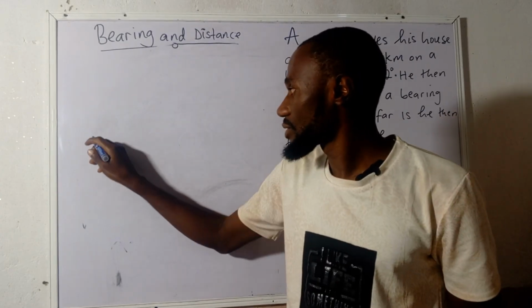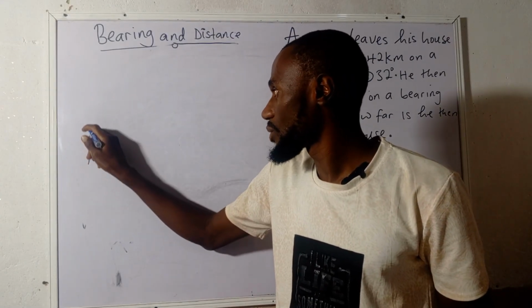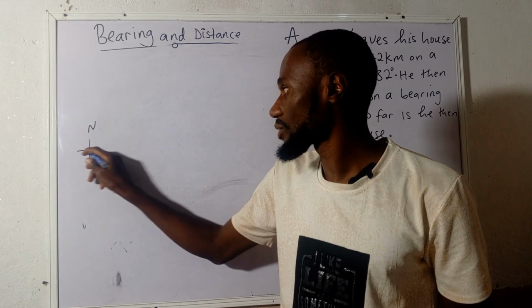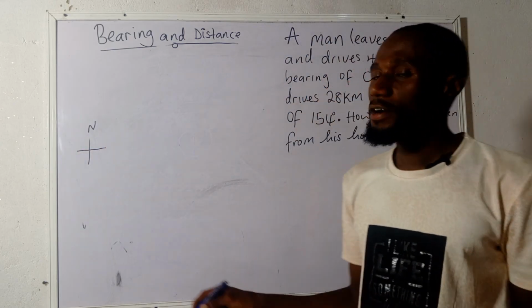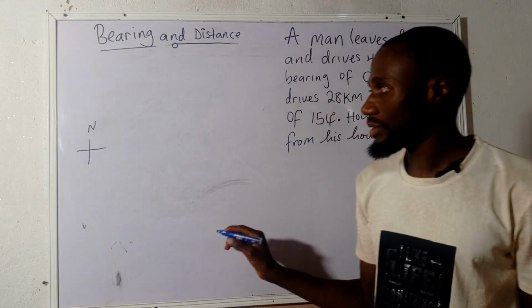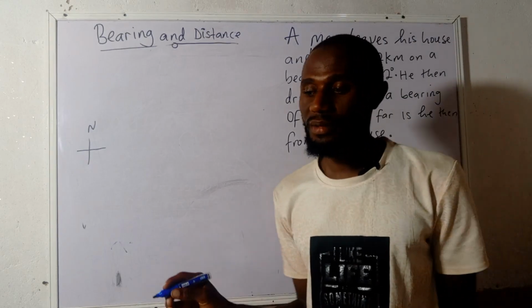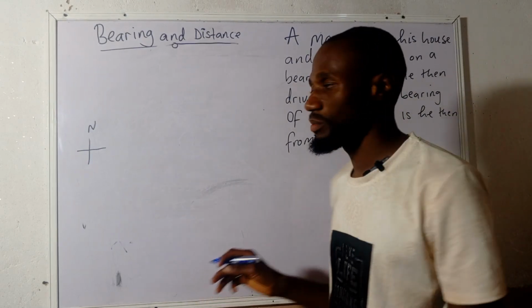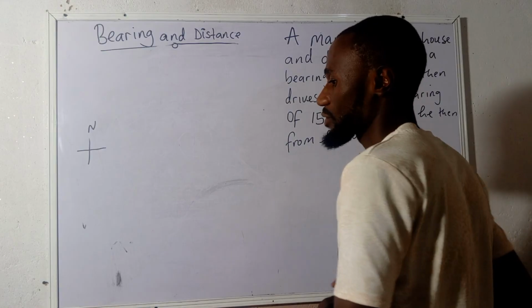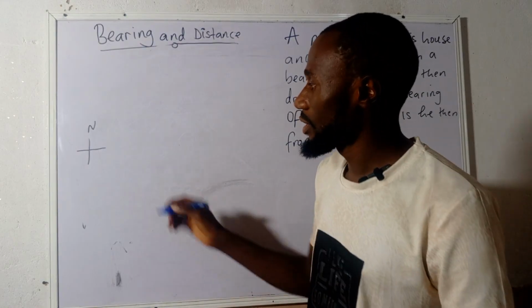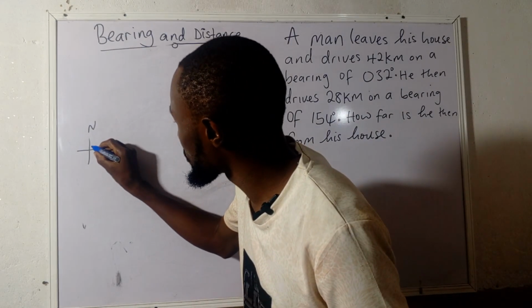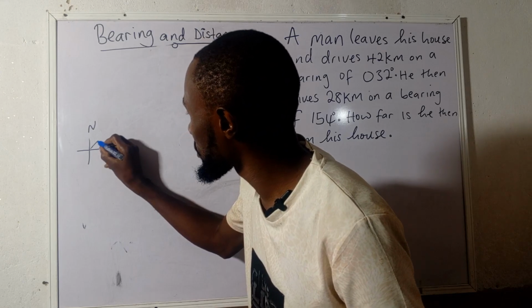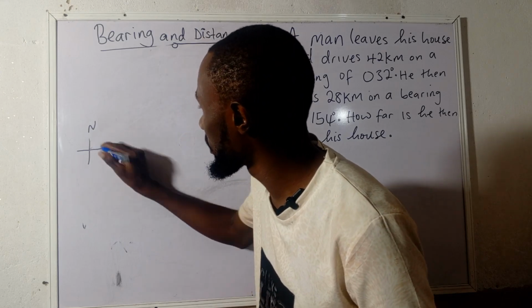Firstly, since he's going in a clockwise direction, we have our four cardinal points. As you all know, bearings are measured in a clockwise direction. We consider 32 degrees. We just make a rough angle here.